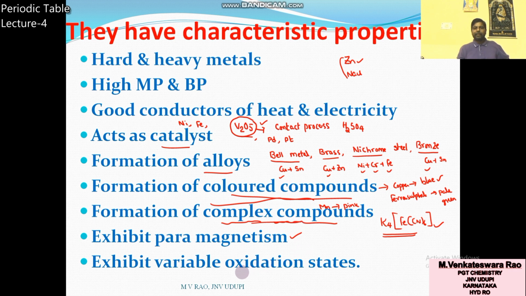They exhibit variable oxidation states. For example, manganese exhibits oxidation states +2, +3, +4, +5, +6 and +7 also. So these elements exhibit variable oxidation states, paramagnetism, colored complexes, alloys, catalysts.